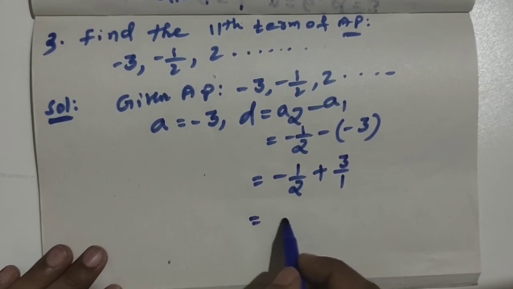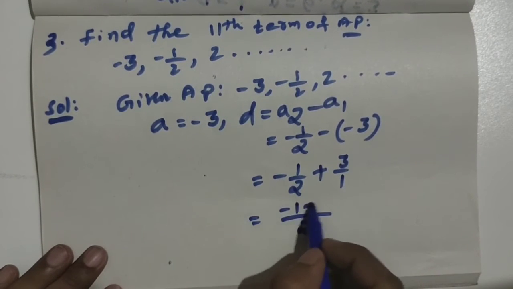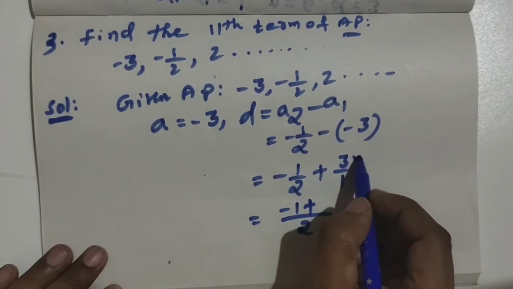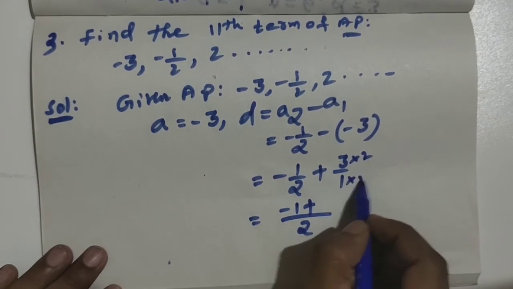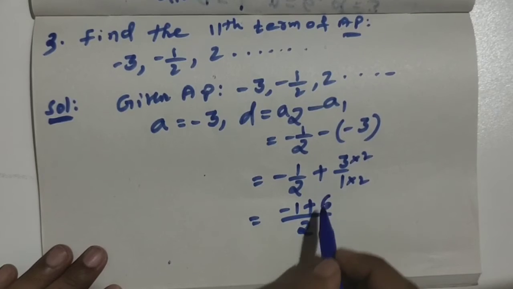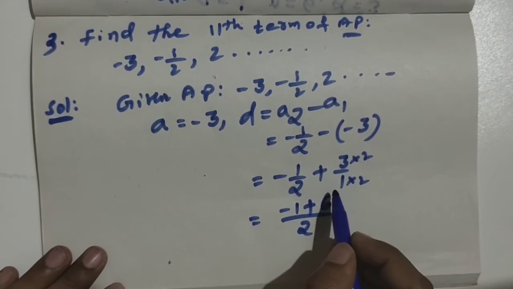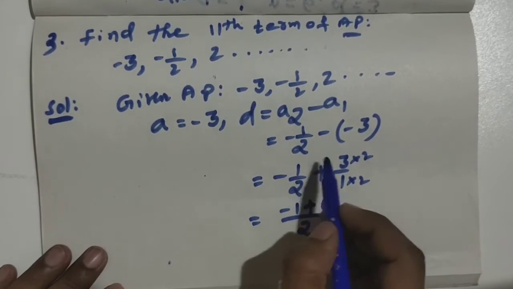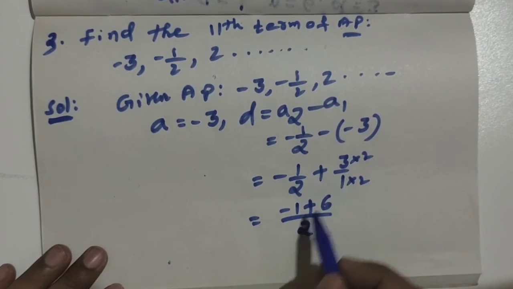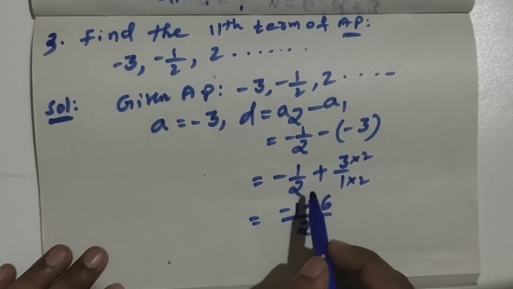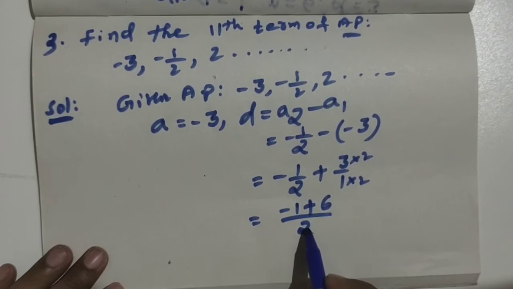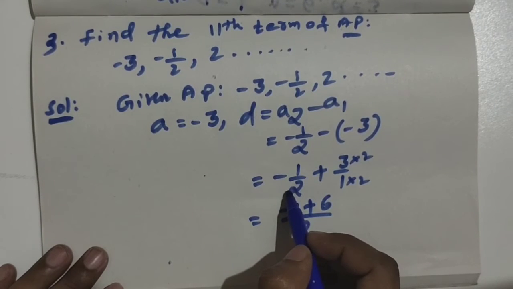Now take the LCM of 2. So we get minus 1 plus 6 over 2, because the LCM is 2 and 3 times 2 is 6. While taking the LCM, we have to change the given fractions into similar fractions. Here the LCM is 2, and 3 has denominator 1, so multiply by 2 to get 6 by 2.